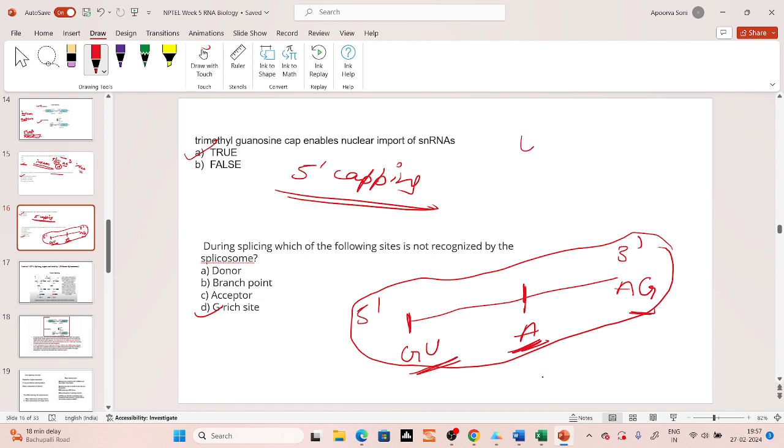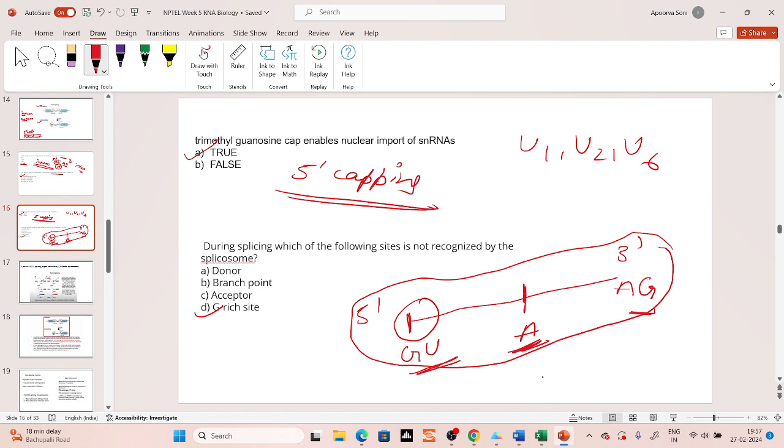What is the spliceosome complex? U1, U2, U6. So U1 comes and binds over here, and then U2 comes and binds over here, and some other snRNP comes and binds over the branch point. That means they are able to recognize this donor, acceptor, and the branch point. But there is no such G-rich region over here.